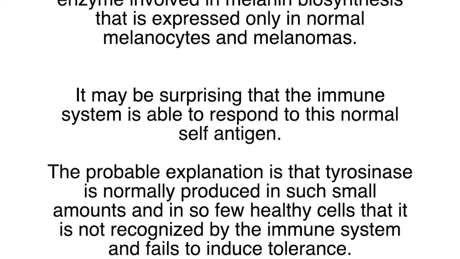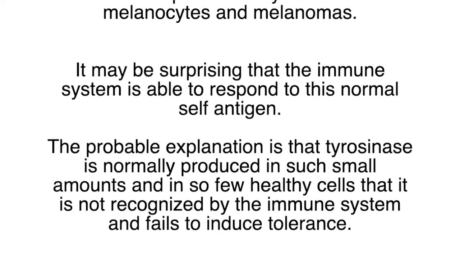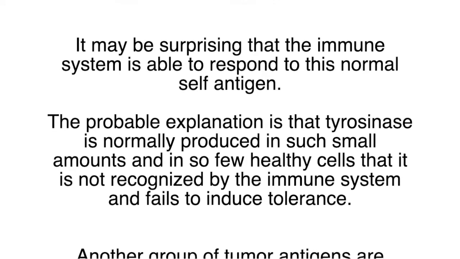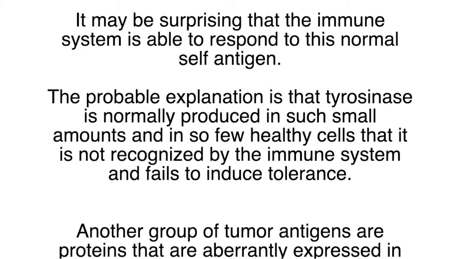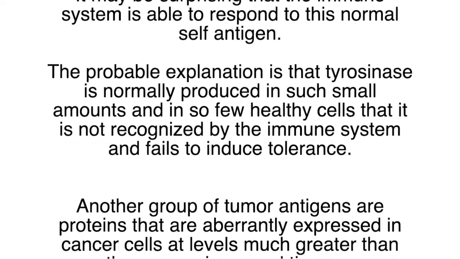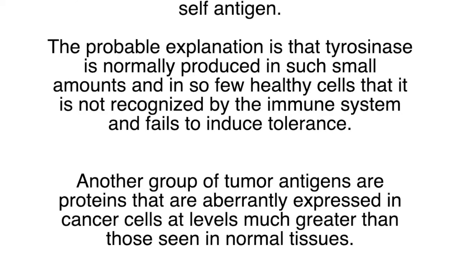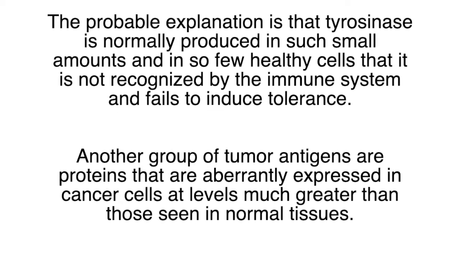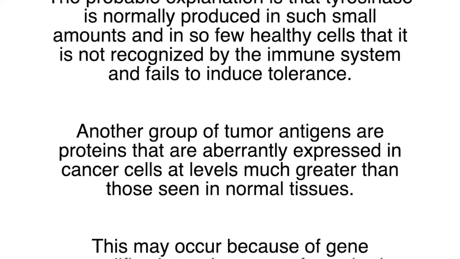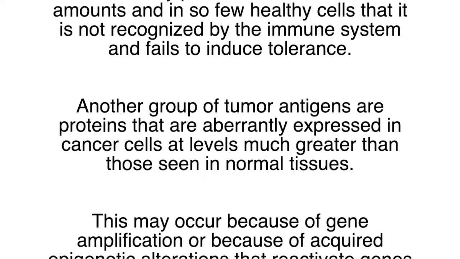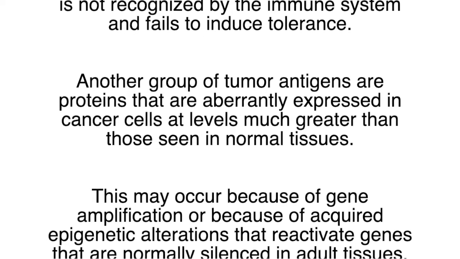It may be surprising that the immune system is able to respond to this normal self-antigen. The probable explanation is that tyrosinase is normally produced in such small amounts and in so few healthy cells that it is not recognized by the immune system and fails to induce tolerance.